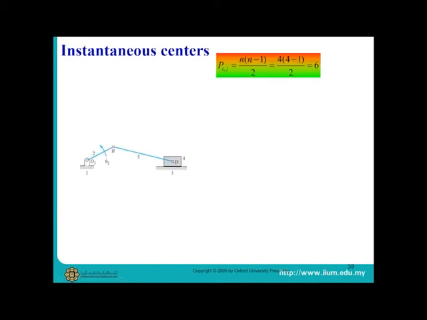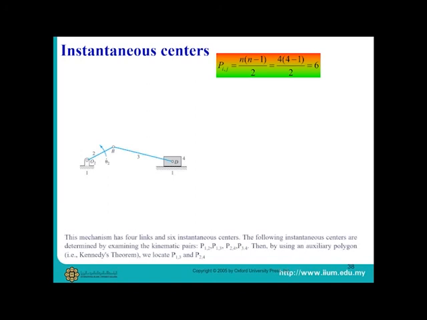Next, you look at the slider diagram mechanism, which has 4 links and 6 instantaneous center points. The first 3 points on the mechanism are P12 between link 1 and 2, P23 between link 2 and 3, and P34 between link 3 and 4. There is another point, which is P14 between link 1 and 4, but since link 4 is sliding on link 3, the instantaneous center point is at infinity.